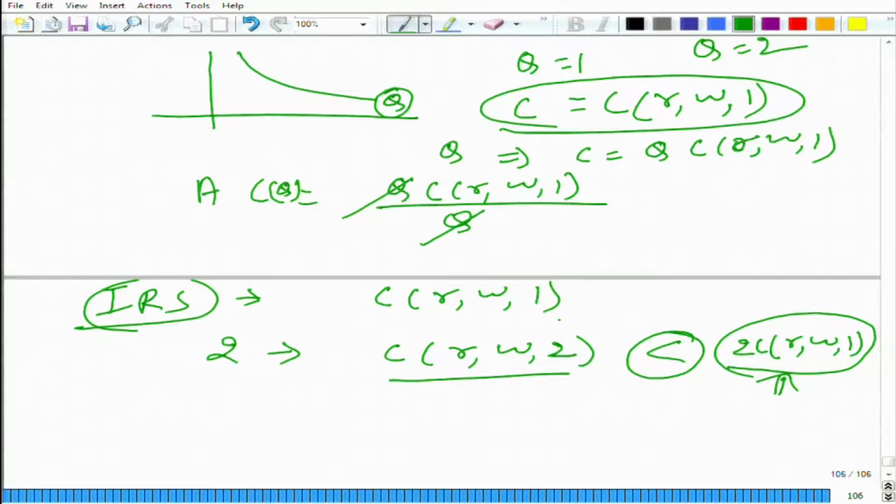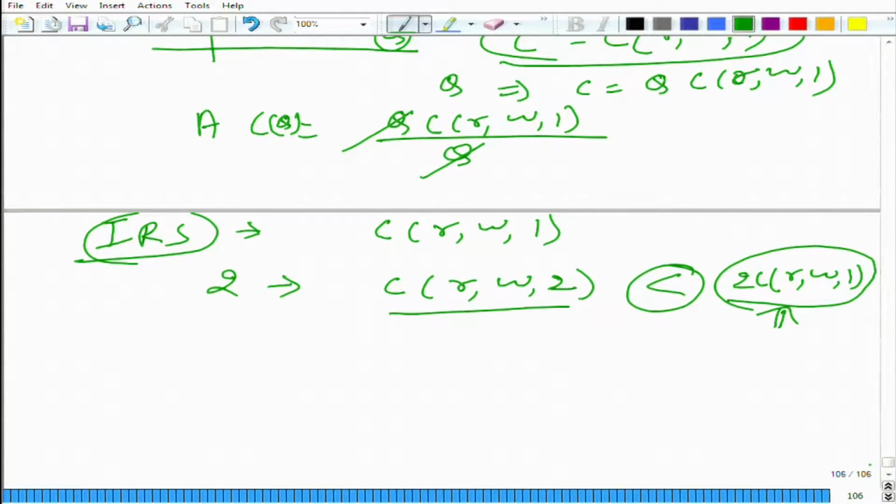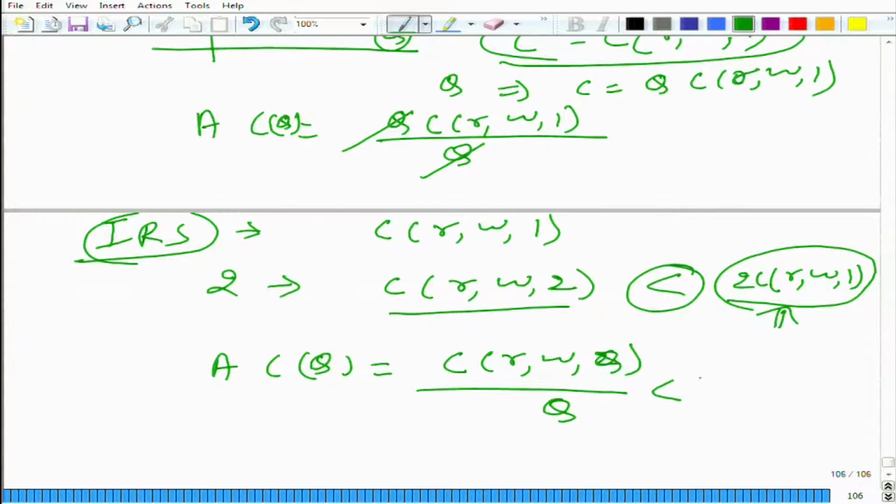So, this is true. Whenever you have increasing return to scale, let us look at the average cost. This is going to be less than the cost of producing just 1 unit of output.